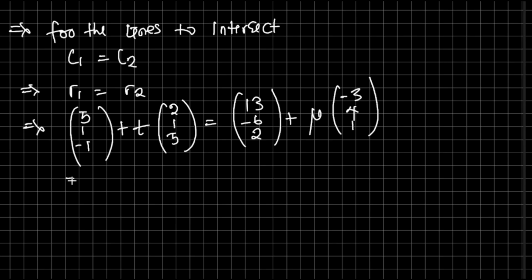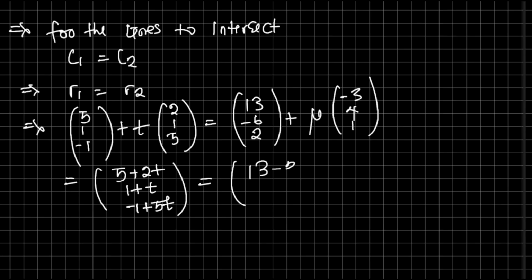Okay, so if this happens, then we have 5 plus 2t, 1 plus t, and minus 1 plus 5t must be equal to 13 minus 3 mu, minus 6 plus 4 mu, and 2 plus mu.